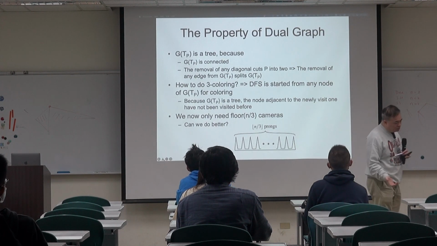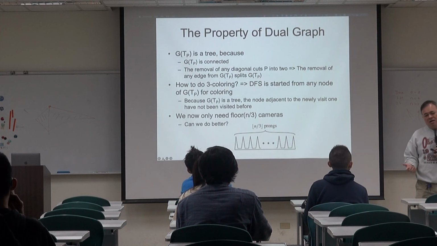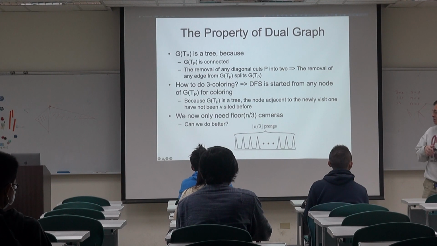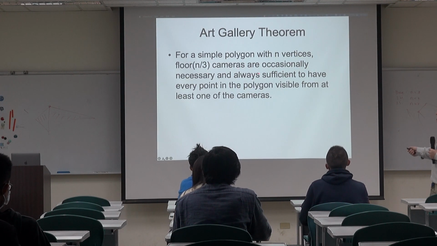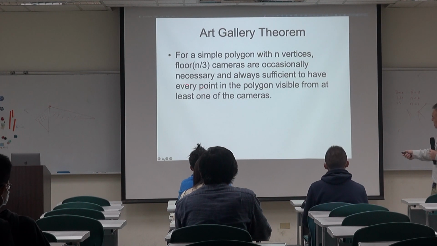Which tells you that n divided by 3 floor cameras are occasionally necessary for a simple polygon with n vertices. Why occasionally necessary?